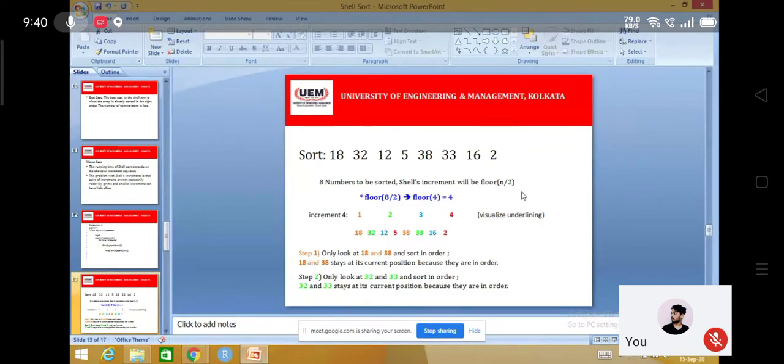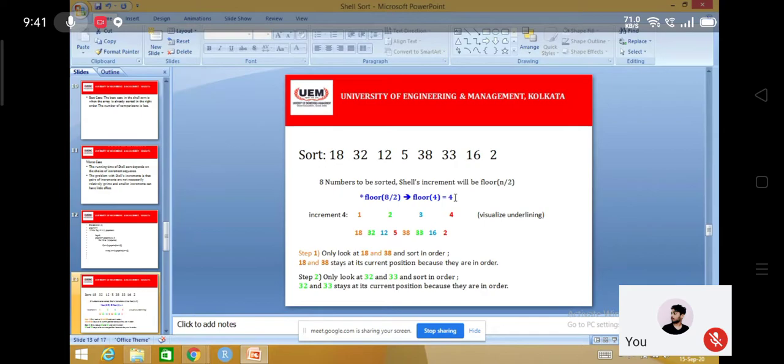These are your elements that you need to sort. Now, first of all, how many elements are there? Now, these are 8 elements. So first time you will do 8 by 2 equals 4, or even if you do 9 by 2, it will give you 4.